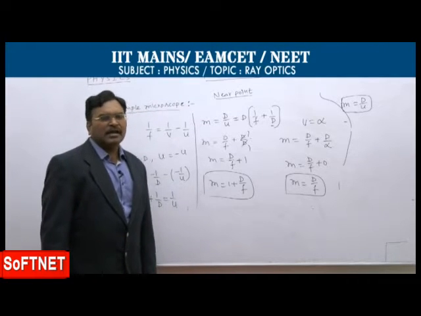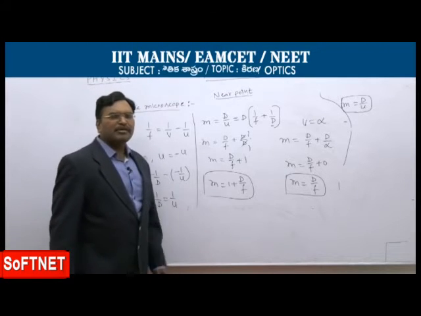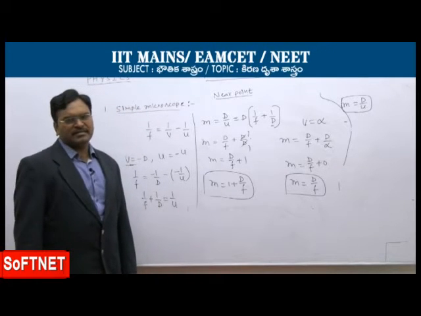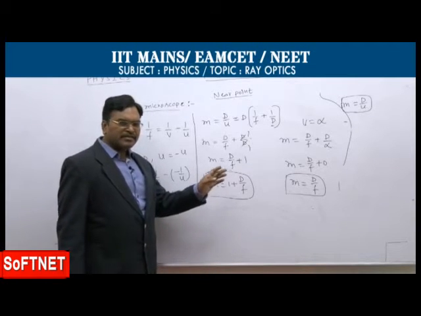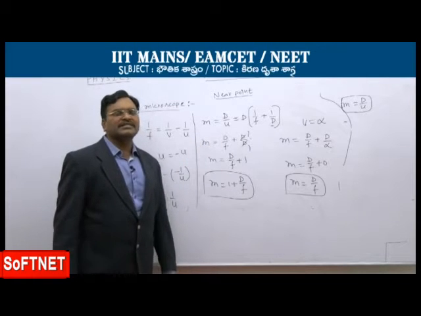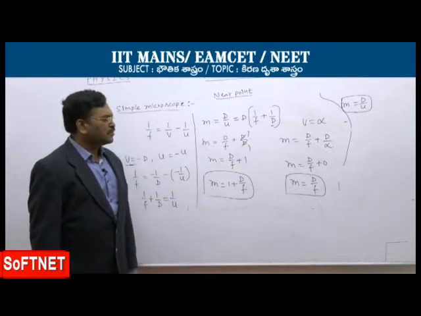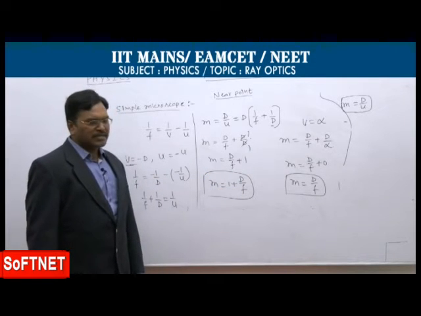Next we have compound microscope. In compound microscope we are using two lenses, one of them the eye lens. In simple microscope we are using a convex lens; that same lens is used as the eye lens in compound microscope. So magnification is taken the same way in compound microscope also.